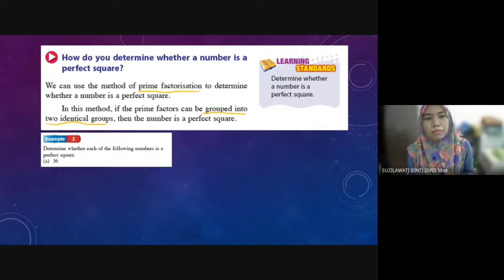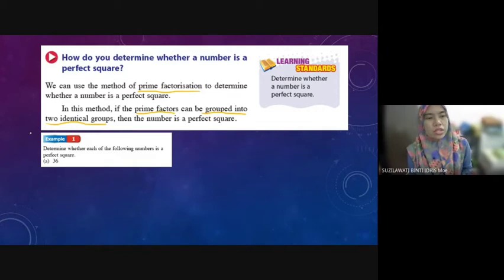When we get the prime factors, we need to group them into 2 identical groups. Kalau kita dapat kumpulkan dalam 2 kumpulan prime factor yang identitinya sama, then the number is a perfect square.